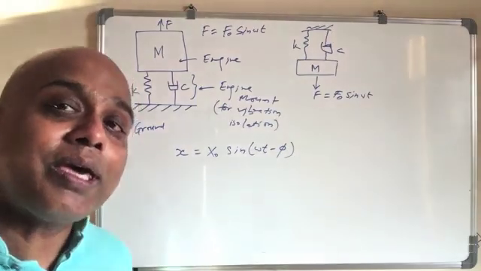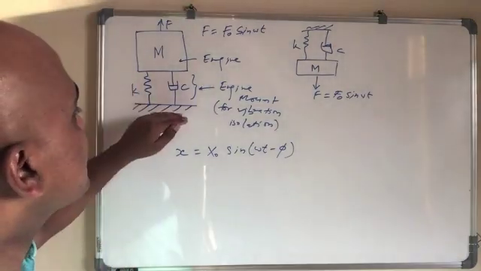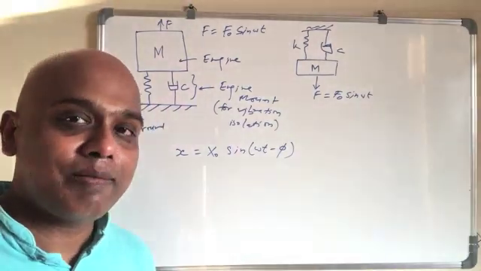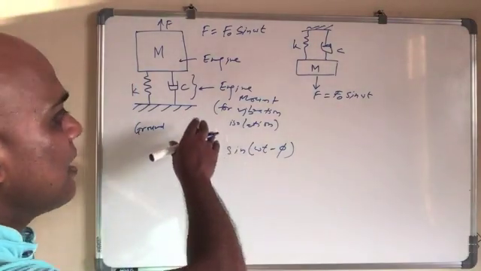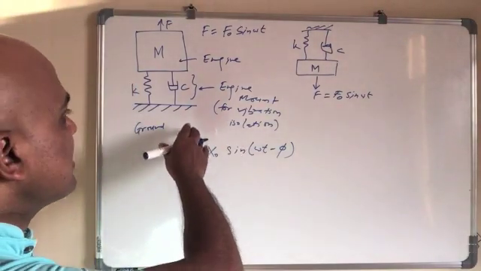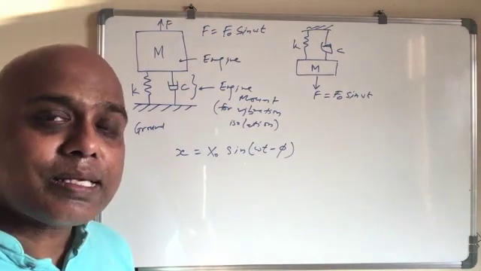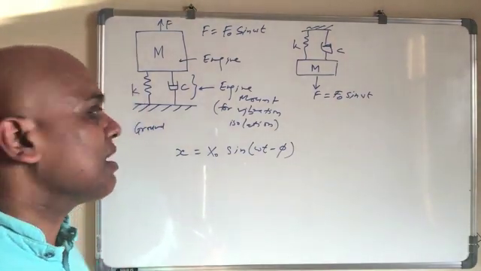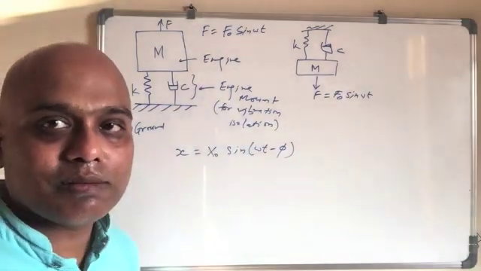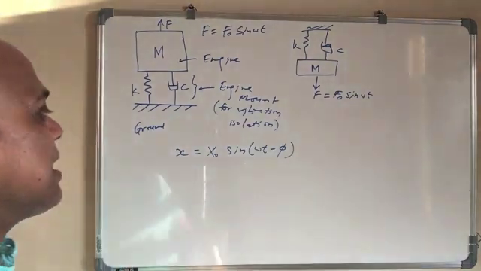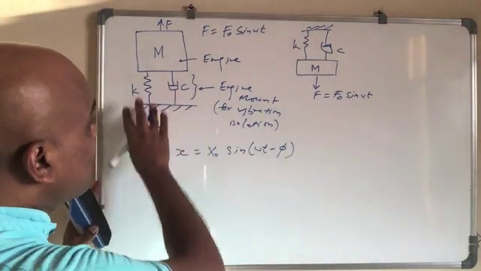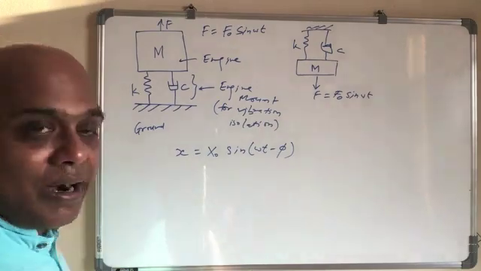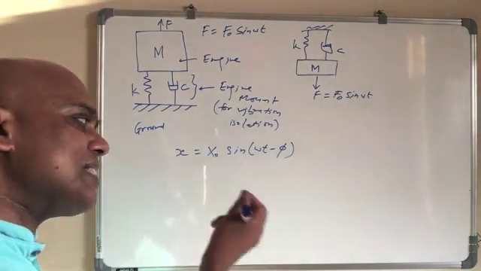What we want to know here is what is the force transmitted to the ground, because that is the important thing, right? So if the force transmitted to the ground is small, then our engine mount is good. And in order to know that, we first see it graphically.